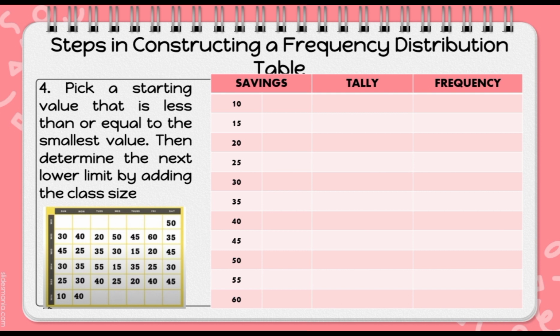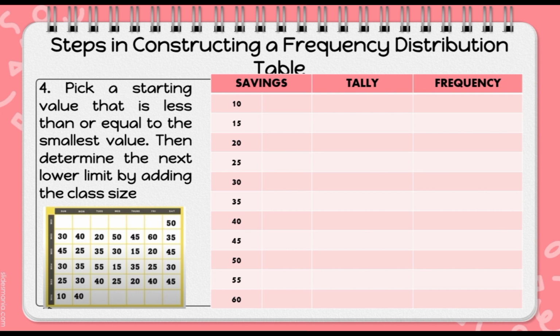To determine the next lower limit, we add the class size. Since we have already solved for the class size, which is 5, we simply add 5 to our first row, which is 10. So 10 plus 5, we have 15. That is why we have 15 in our second row.